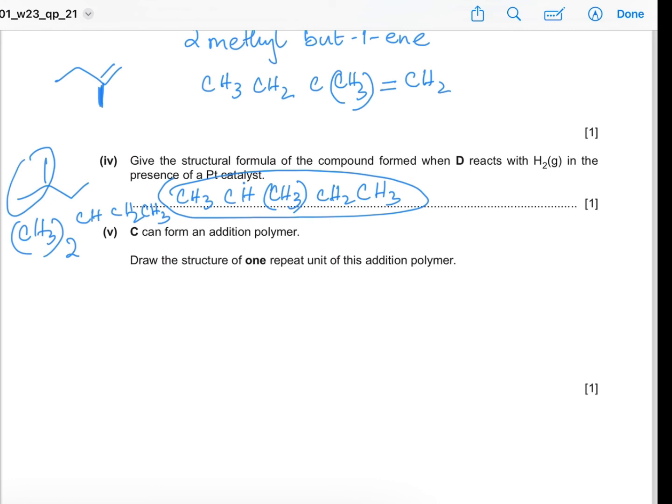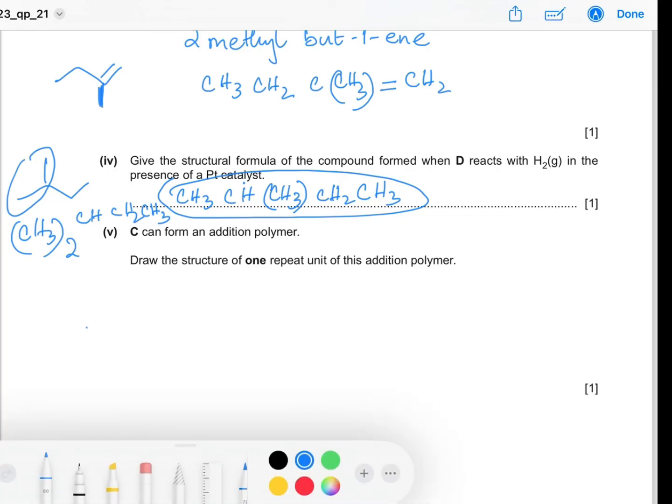Part 5, C can form an addition polymer. Draw the structure of one repeat unit of this addition polymer. Okay. This is C over here. When it forms an addition polymer, the carbon-carbon double bond breaks down to form new single bonds adjacent to these carbon atoms.